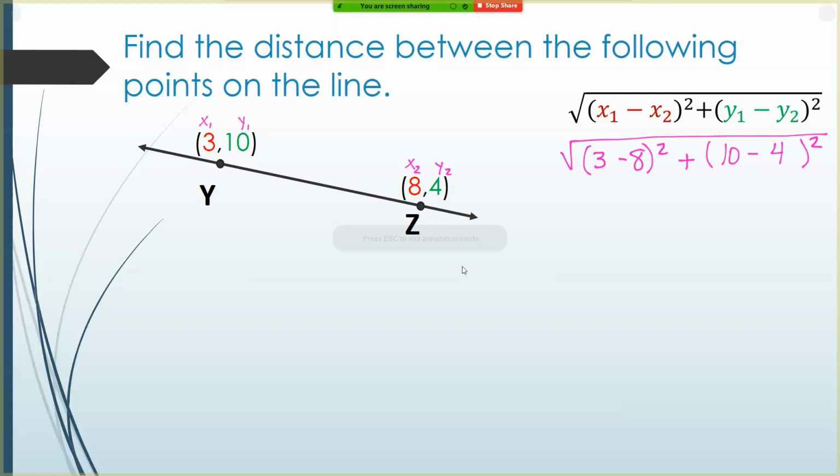When we simplify, we want to go inside our parentheses first. So I'm going to take 3 minus 8. Then I'm going to take 10 minus 4.